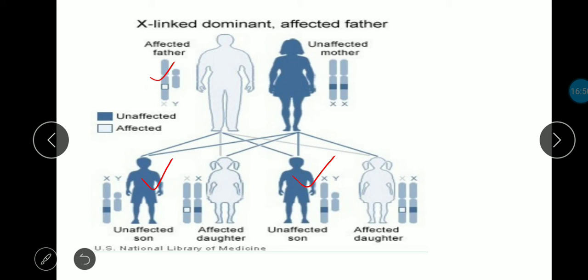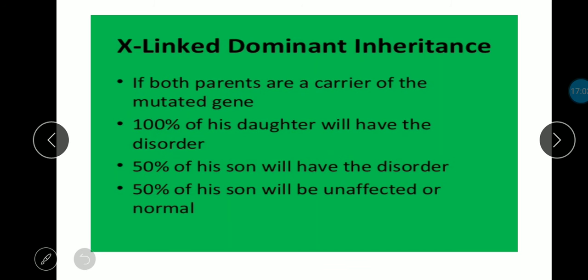All sons are unaffected and all daughters are affected because daughters have two X chromosomes. This is the pattern of crisscross inheritance.